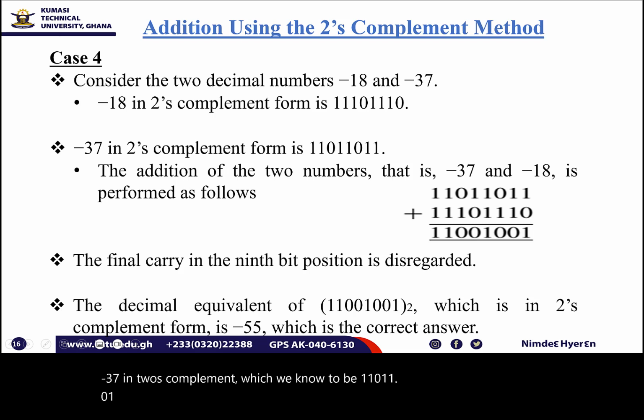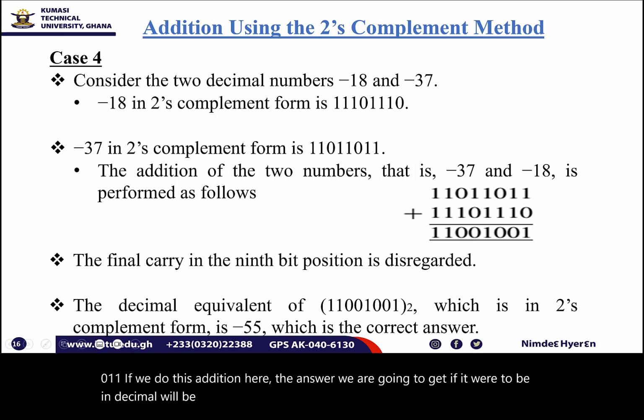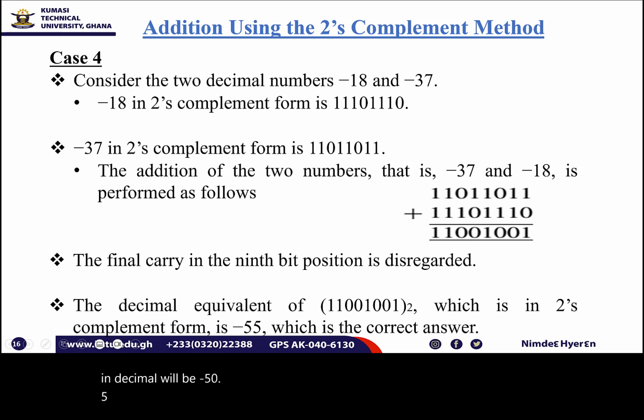If we do this addition here, the answer we are going to get if it were to be in decimal will be negative 55. Now, let's do this binary addition and see what we end up getting.